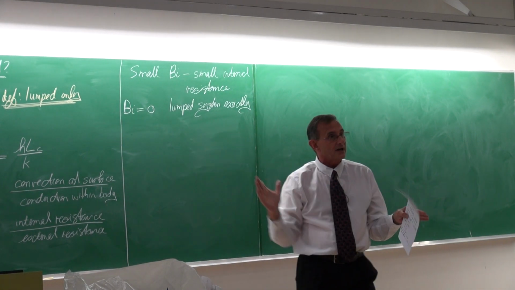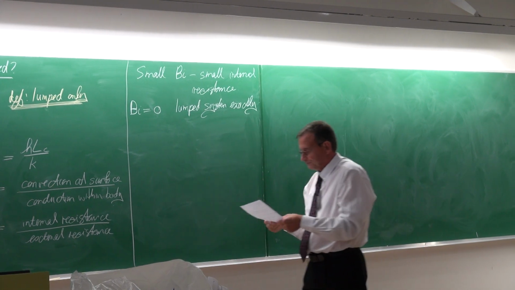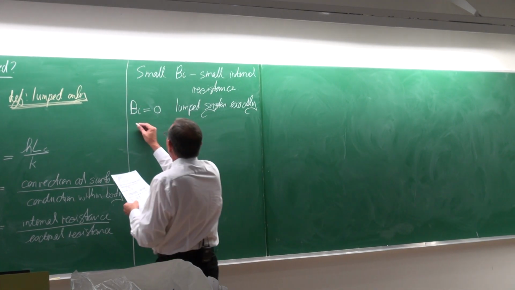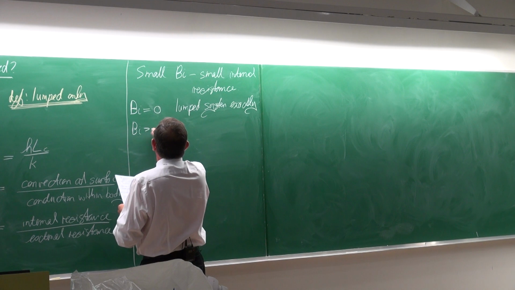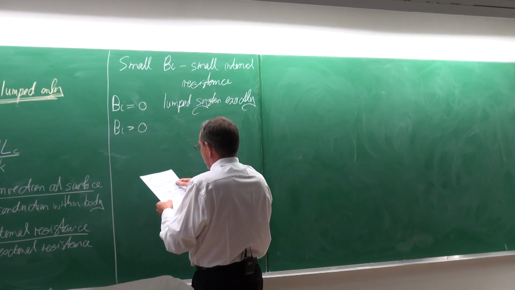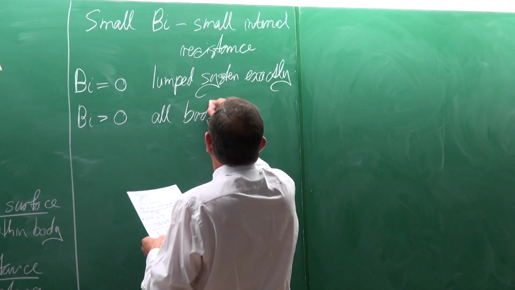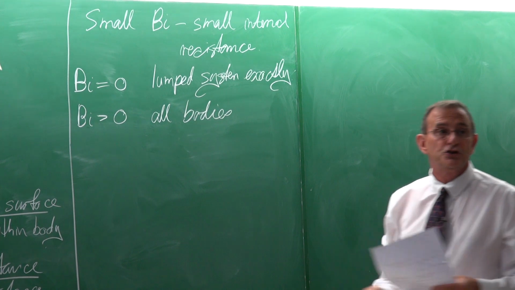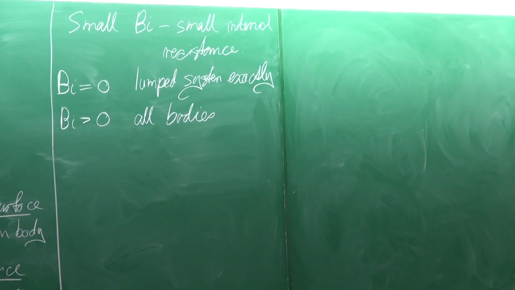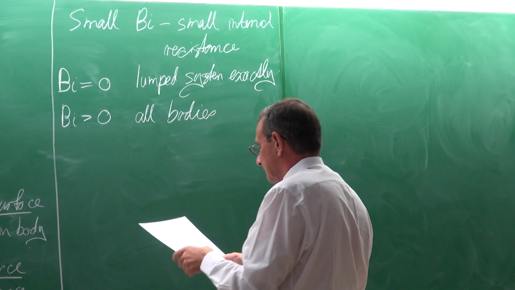Okay, so that's a practical reality. That is just a mathematical solution. All other bodies have a Biot number larger than 0. And now we have to determine when we can use the lump system, and we make use of the Biot number.